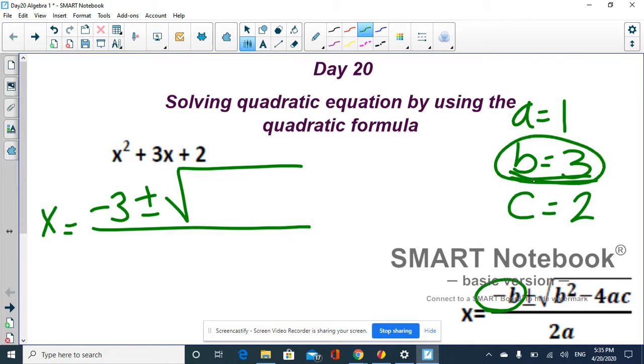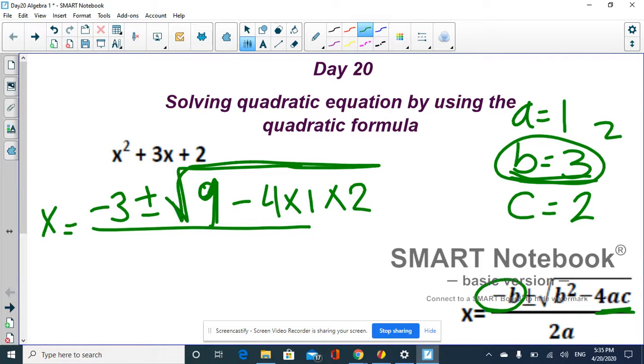B is 3, b squared equals 9, minus 4 times a times c. A is 1 and c is 2. All these under the square root. And what is down? We'll put 2 times a, which is 2 times 1. Just simplify all these numbers and you will find the solution.